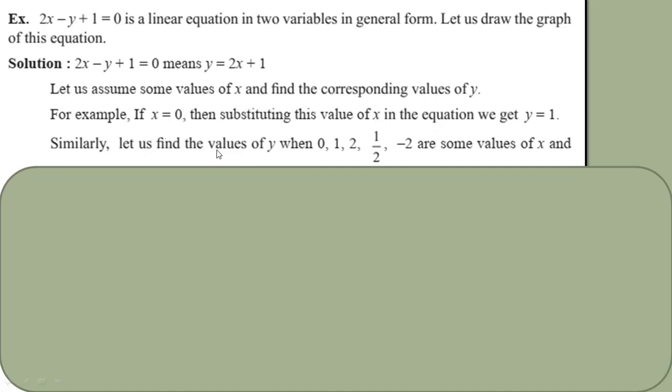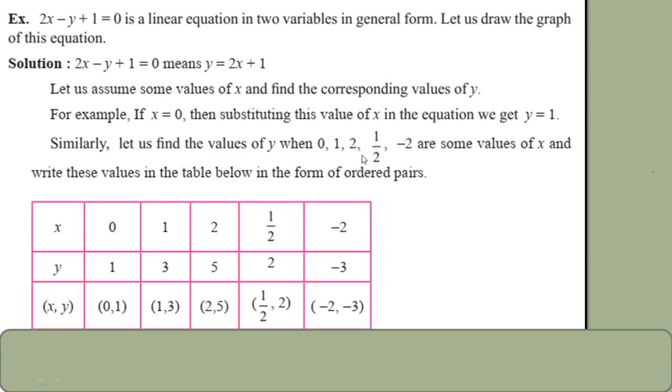Similarly, let us find the values of y when x is equal to 0, 1, 2, 1/2, and minus 2 are some values of x. We have to assume these values of x and we'll find values of y.